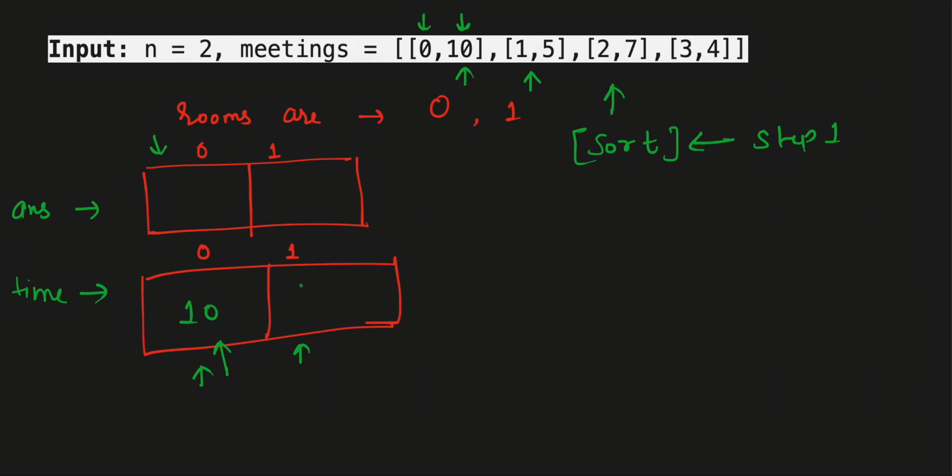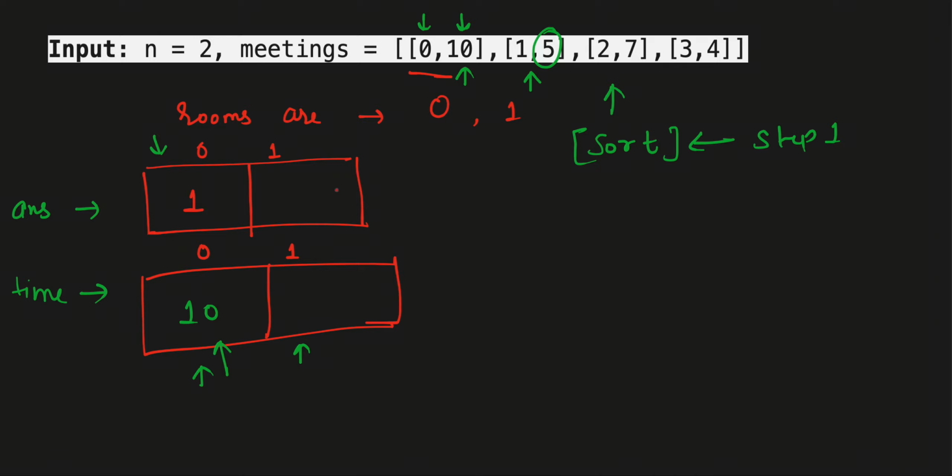is this room available? Yes, this particular room is available. And I need to note when this room will be unoccupied. Before going to this, I will be updating the answer array at this index with 1, because one meeting is happening in room number 0.